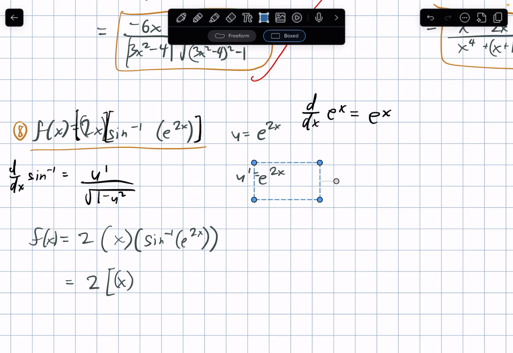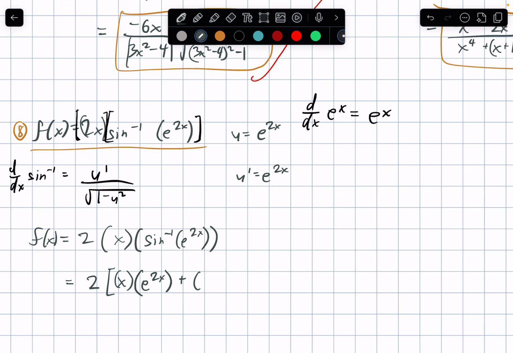I think it's just e raised to 2x, the derivative of u. Same as u itself. Let's see. So that's gonna be e raised to 2x plus derivative of x is 1 times arcsine of e raised to 2x.